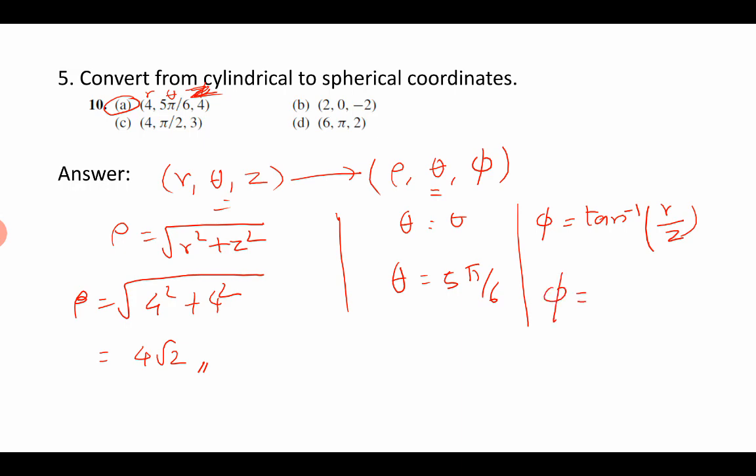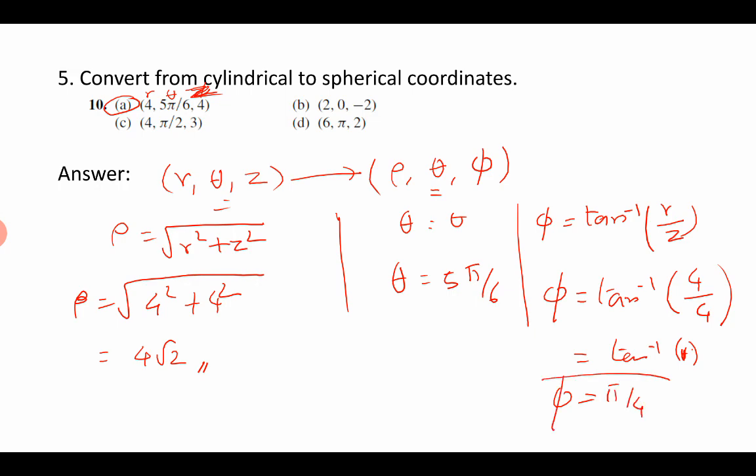And the formula for phi says tan inverse r over z, r is 4, z is 4. So the answer is tan inverse positive 1, which is pi by 4. So the answer in triplet form is 4 root 2, 5 pi over 6, pi by 4. That's it.